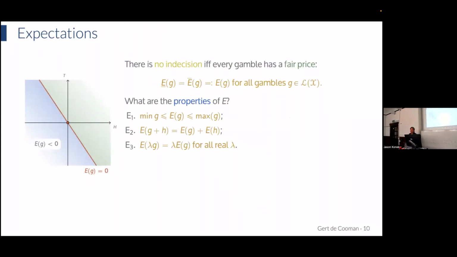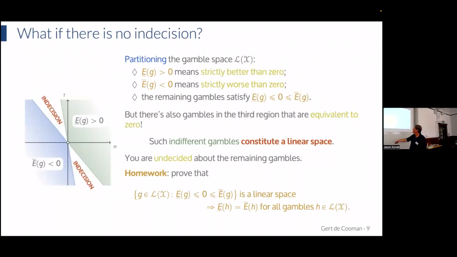Right. So this means once we prove this, we know that there is no indecision only when the lower expectation is equal to the upper expectation, because no indecision means that this region is a linear space. Because then there's only strictly better, strictly worse, and equivalent.